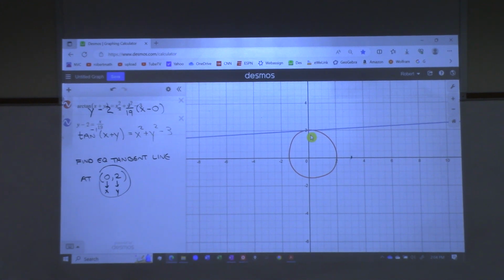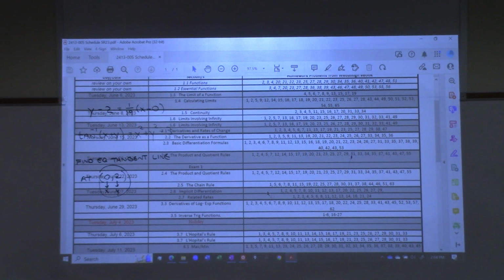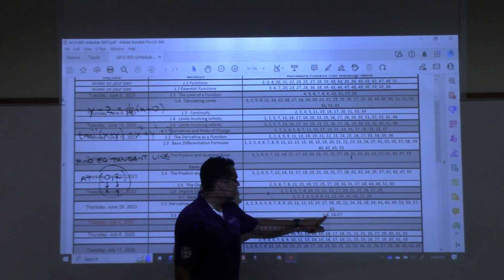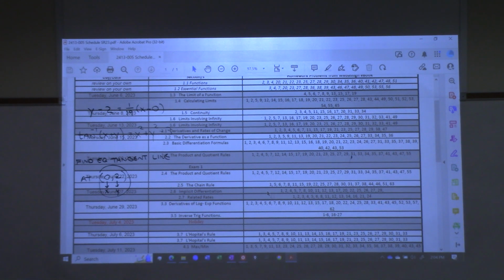On the homework, let me check it. 1 through 6, inverse trig. 1 through 6 is a revisiting of pre-calc, and I've talked nothing about problems 1 through 6.